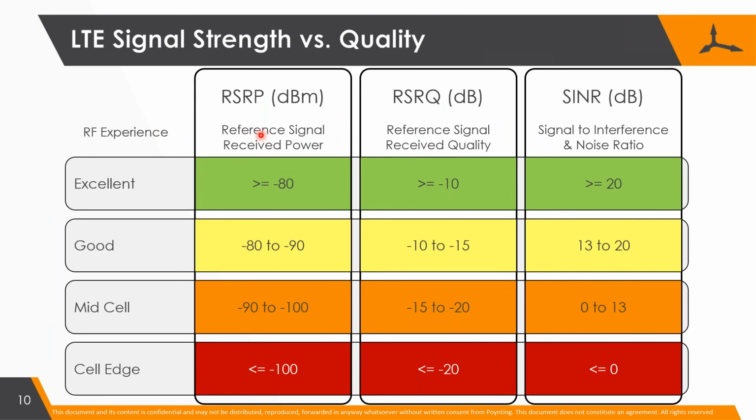This is an important one just because, once again, we get lots of questions. In the olden days, we only looked at signal to noise ratio, and that's effectively the amount of signal that you get on your side relative to the amount of interference or the noise in the receiver itself. Lately, with LTE, you'll see two factors. The one is called RSRP, reference signal received power, and the other RSRQ.